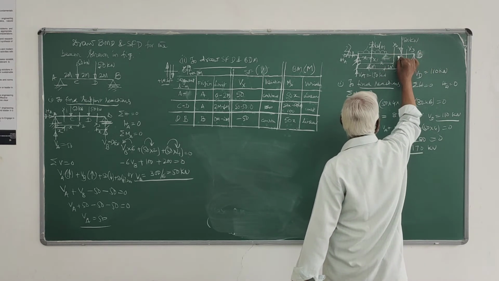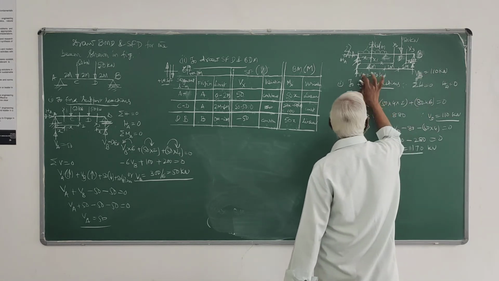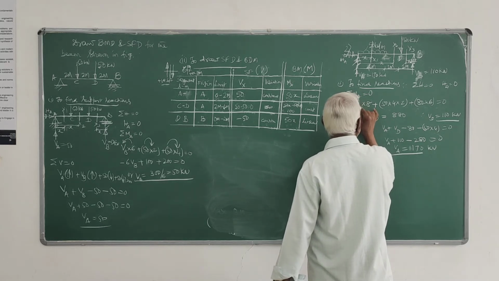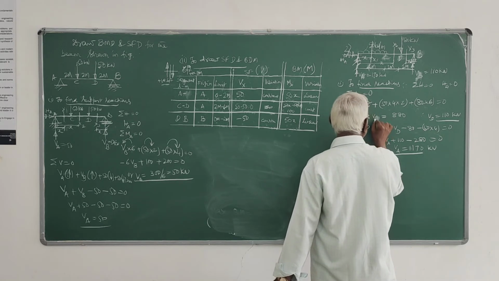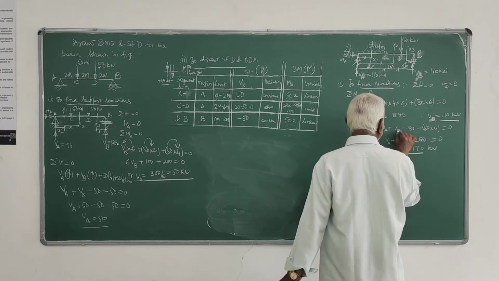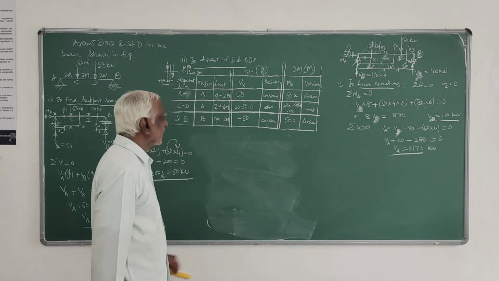This is VA, and this is VB, which will not alter, so I will take VB. It is better, because the same table I will use.